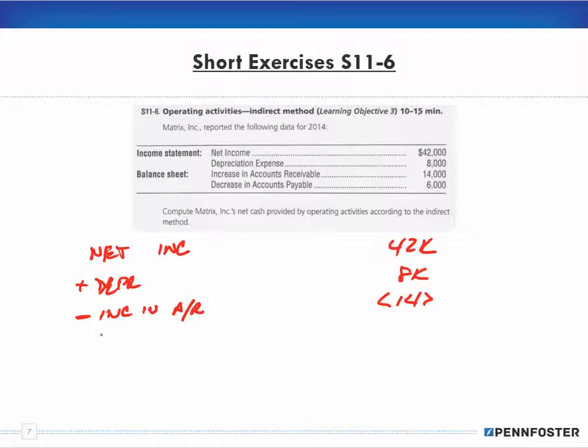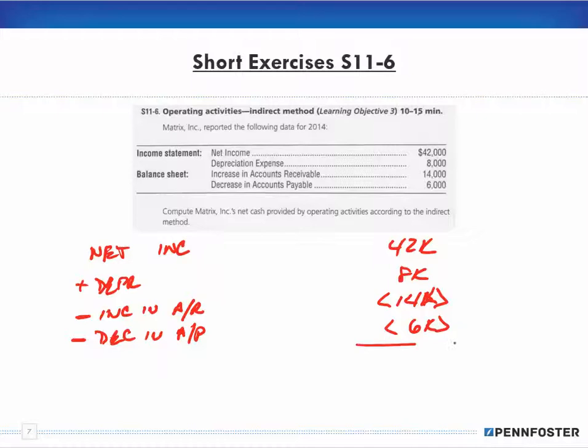A decrease in accounts payable means we paid off our accounts payable, and when we're paying off, we're decreasing our cash. So we're decreasing our cash by $6,000.